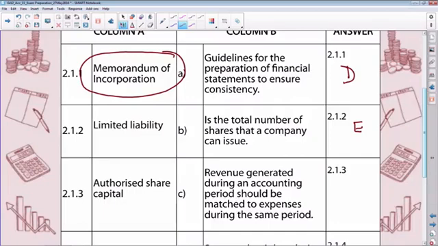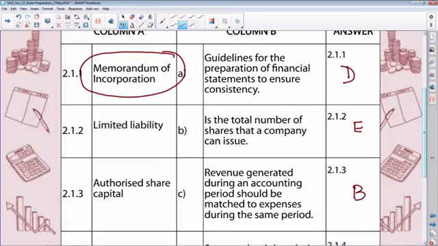Authorized share capital, this one would be the total number of shares that a company can issue, not what it has issued. It's the total that the company is authorized to issue. So that would give you, that would be which one we said? B, right?